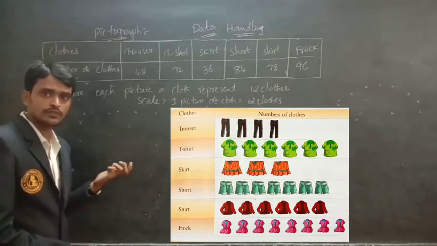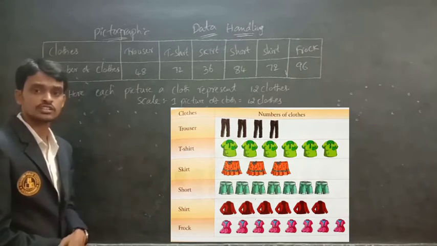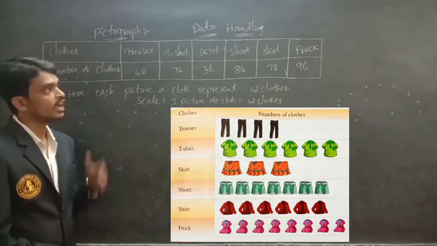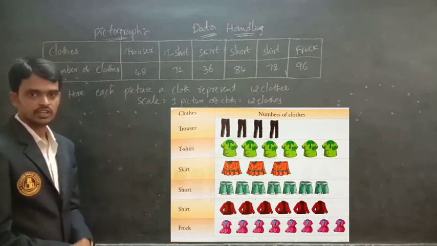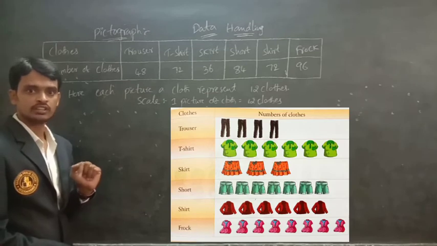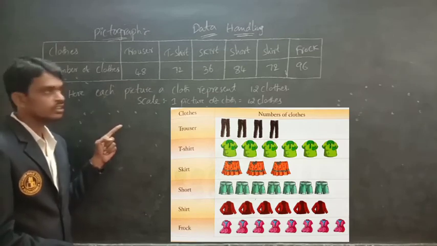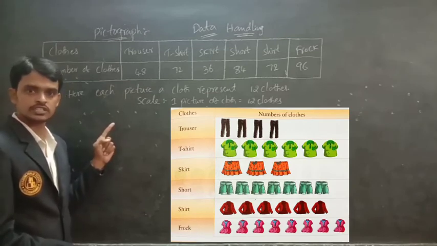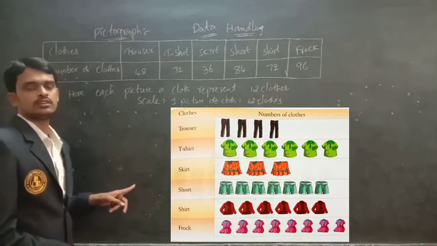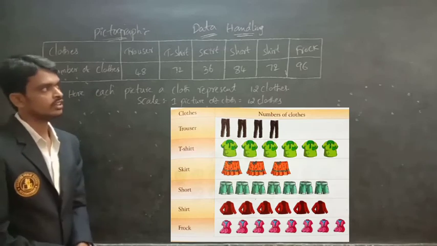Each picture of a short represents 12 shorts. Then 12 into 7 is 84 shorts. And shirts are in the same manner. T-shirts and shirts are both the same. Pictures of t-shirts are 6, and shirts also 6.